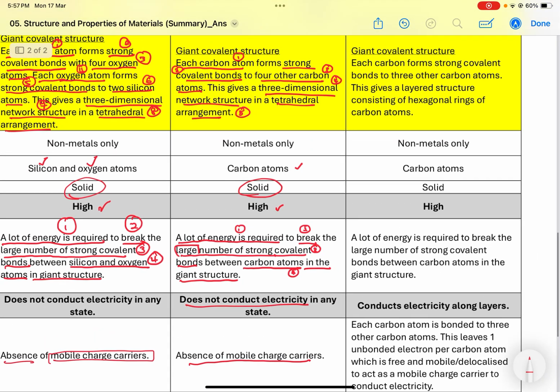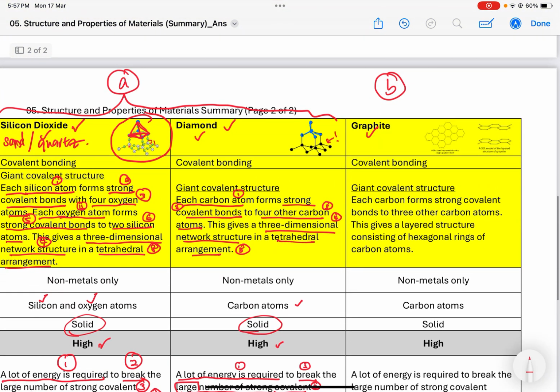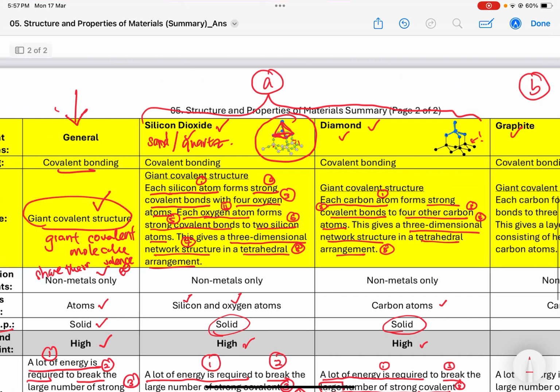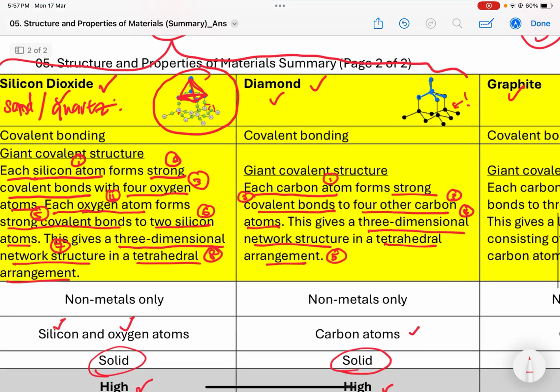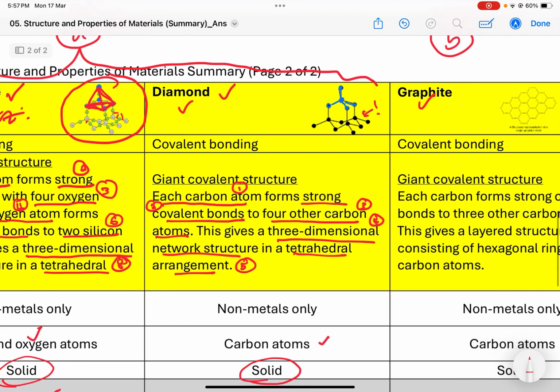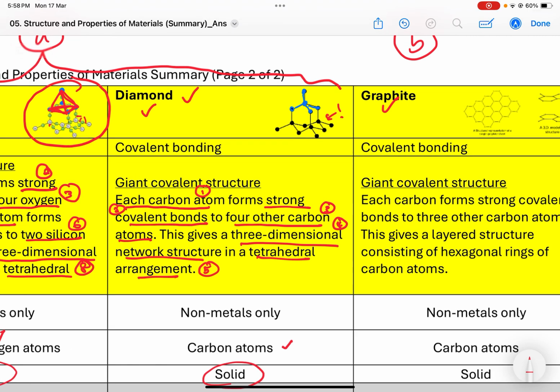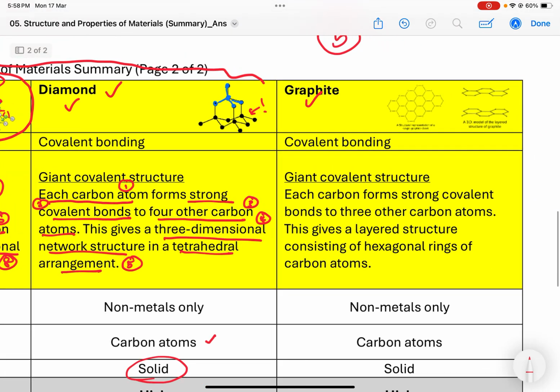So why is it that you are studying silicon dioxide, diamond, then graphite? The general idea is silicon dioxide is a giant covalent structure, with a tetrahedral pattern, the whole 3D network structure of tetrahedral shape. Then I go into diamond, using carbon. Then I go on to talk about graphite. Why graphite? Because graphite is also made out of carbon atoms only.